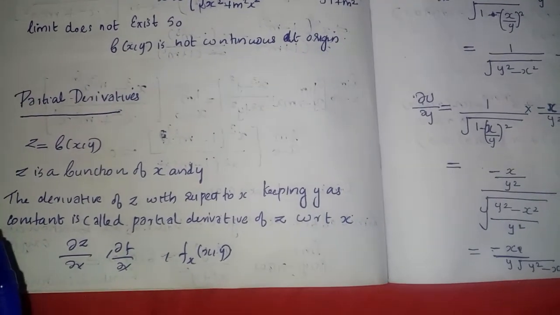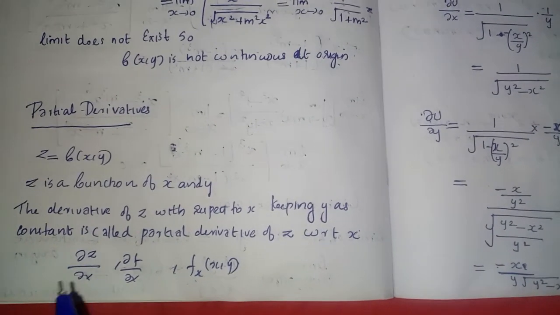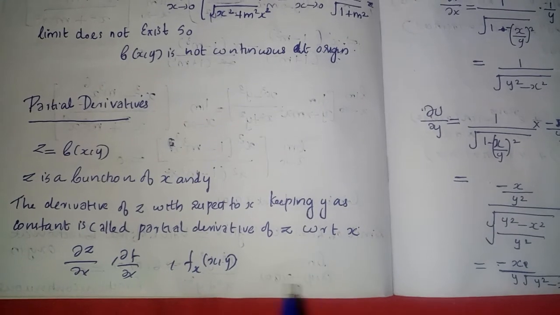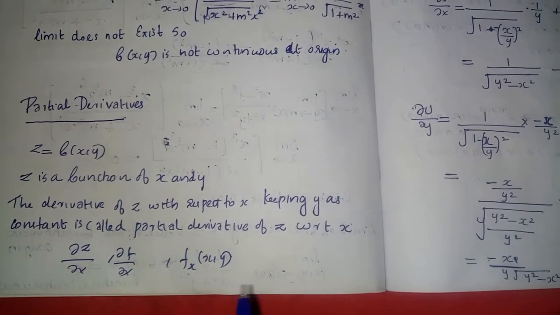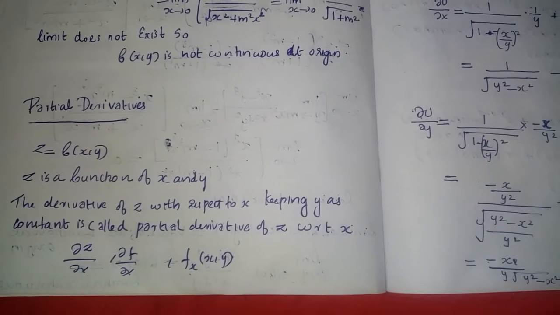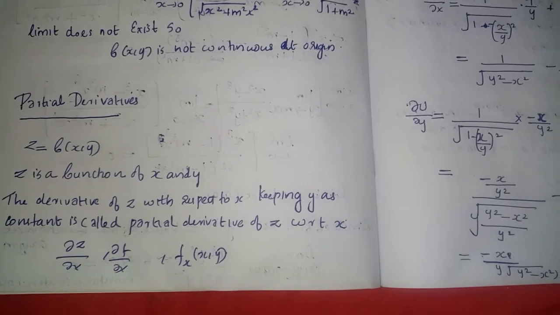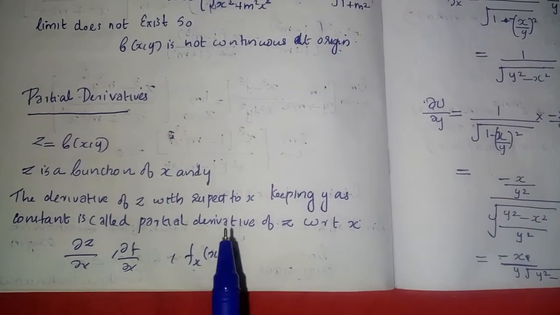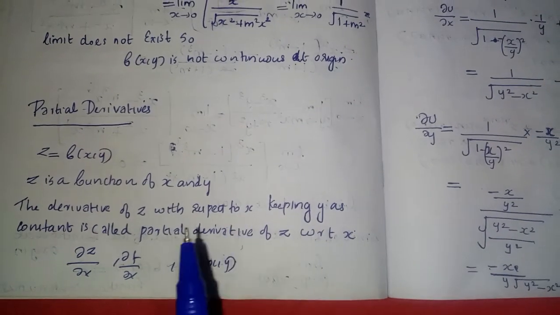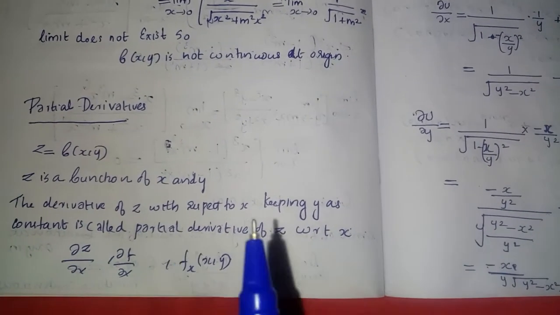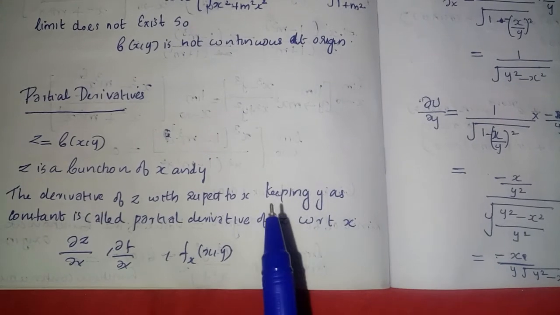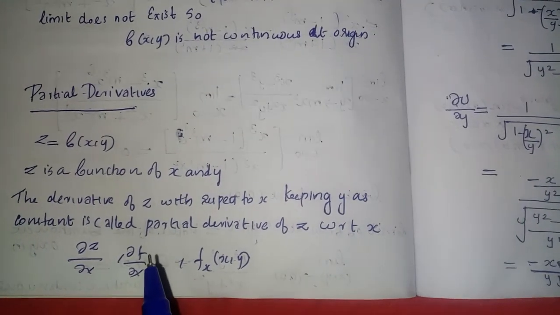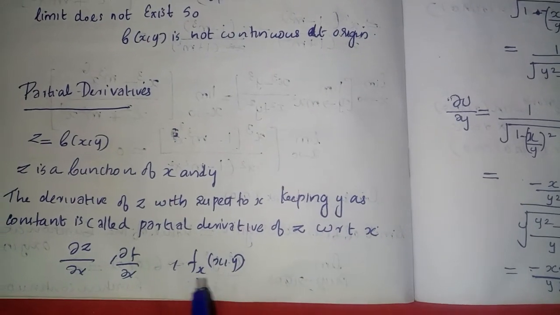What is the difference between partial derivatives and the common derivative? We consider one variable as a constant and then find the derivative of the function. Here we consider y as constant and find the derivative of the function with respect to x, that is dou z by dou x. We can also represent it as dou f by dou x.